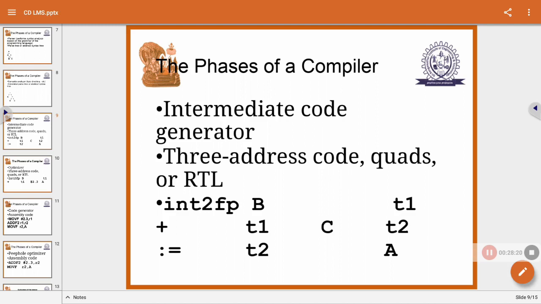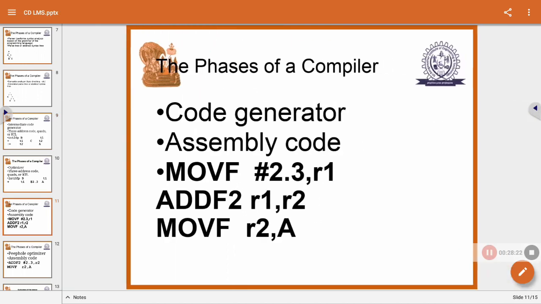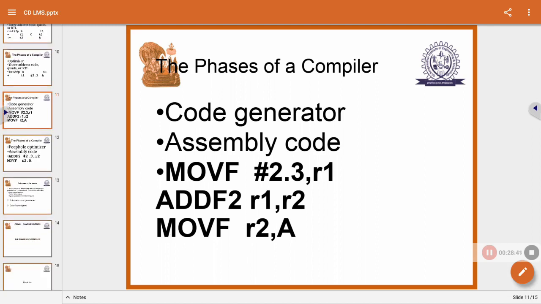Here I give opcodes such as move: the content of R1 to be moved, then the content from R moved to R1, and the value of A moved to R2. Finally you come to the idea: these are the opcodes of the language.